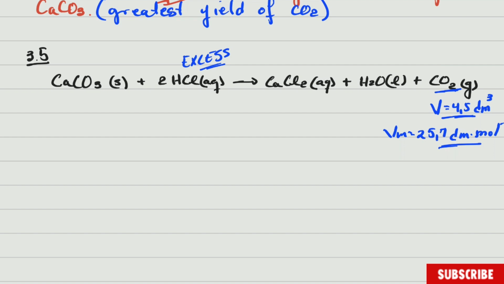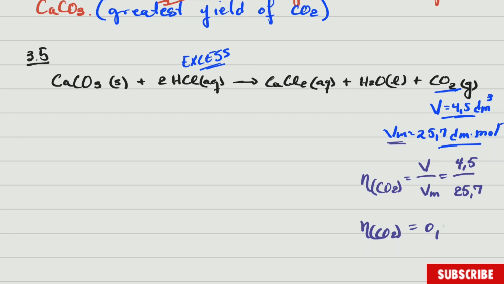So the first thing we have to do is to calculate the number of moles of carbon dioxide that is formed here, and we are going to use volume divided by molar volume. Remember, be careful, the molar volume we have to use is this one. So we have 4,5 divided by 25,7.